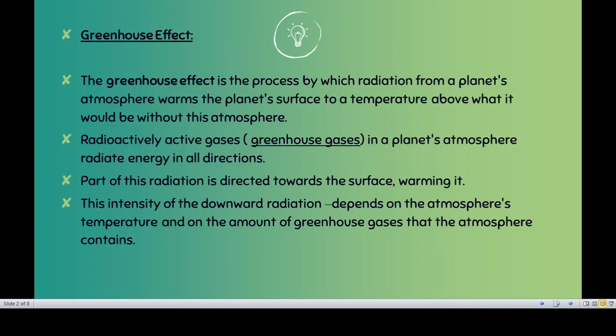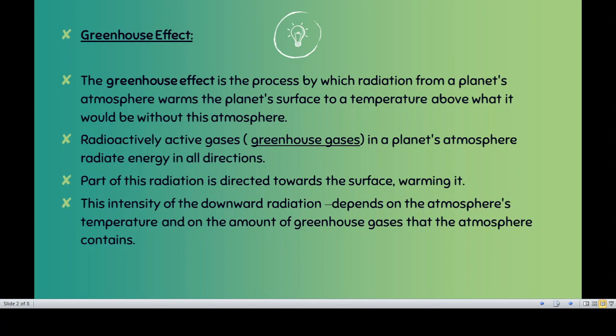Today the first study is something related to greenhouse effect. So we had done the part of greenhouse gases. So if you remember very clearly, if I'm not wrong, we had done the concept of greenhouse gases.